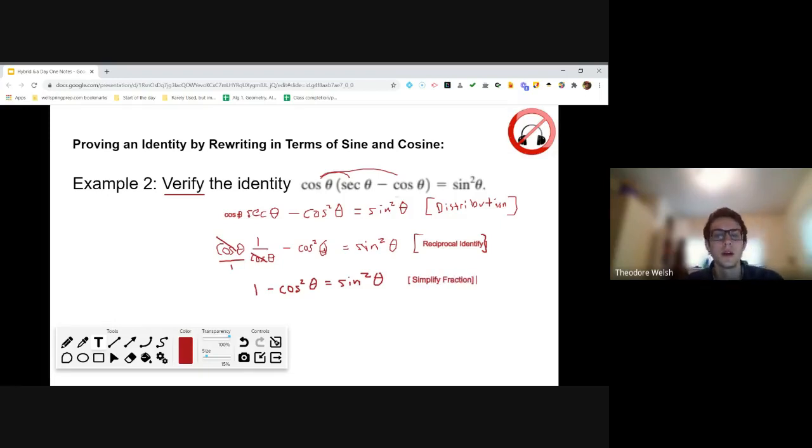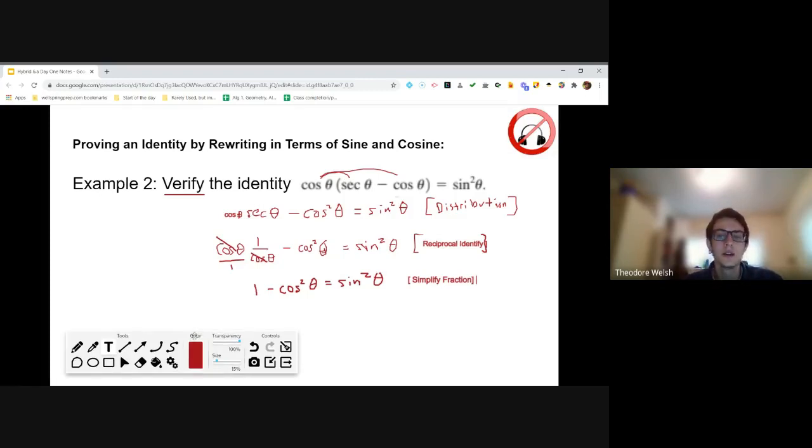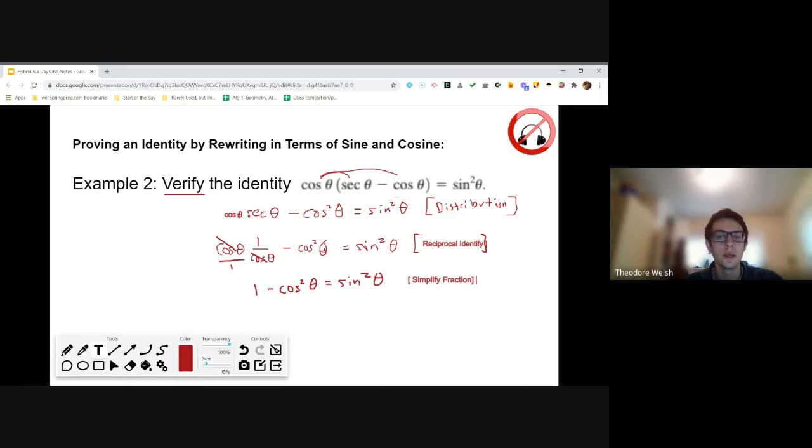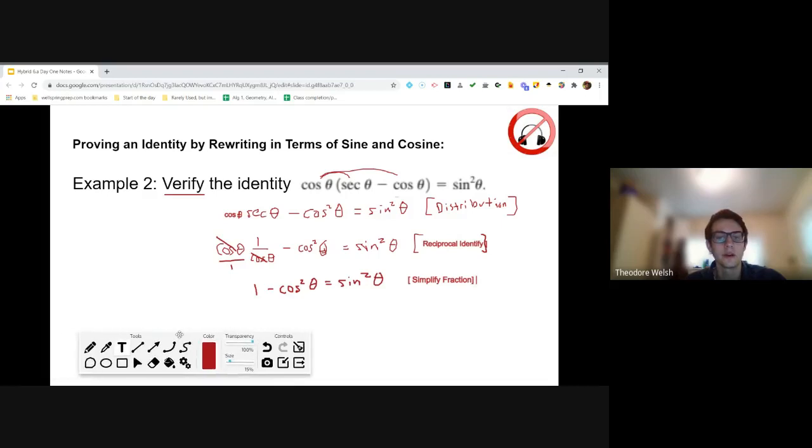You could say something along the lines of cancel cosine or cancel common factors, anything just to tell me exactly what happened. I'm saying simplify fraction, which sounds kind of vague, but it's the only fraction here, and it does look pretty clear that that's what happened when I look over my work.